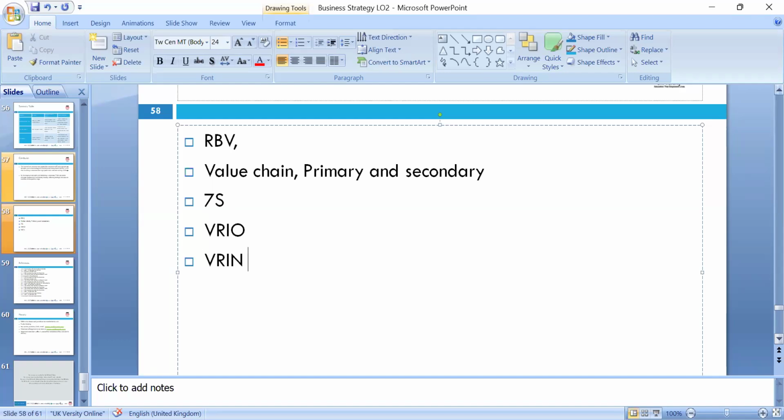VRIN means non-substitutable. These all involve the network of suppliers and others. These are the models we discussed, and of course we contextualized our discussion, previously discussing PESTEL as well. These are the models we look at and apply in our assignment.